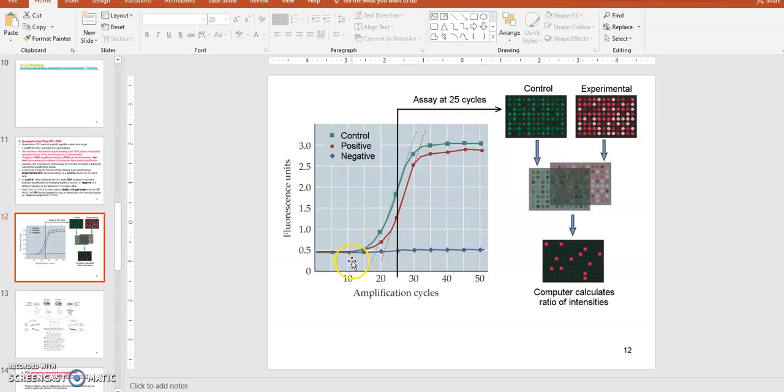You can measure that during your PCR. The real time comes from that real-time measurement during your PCR. You can detect how fast you are making the PCR product, the rate of PCR product development. The speed is being measured.